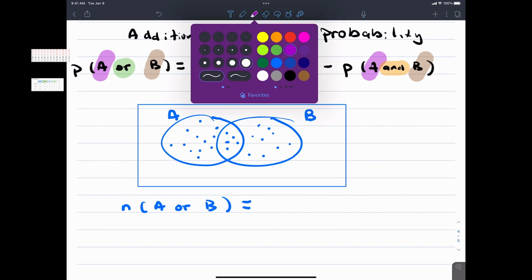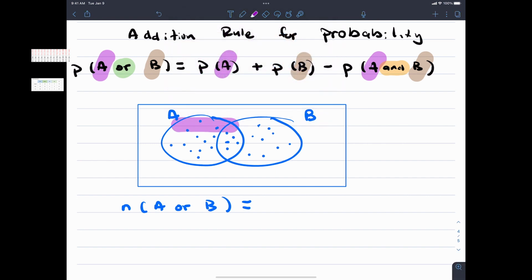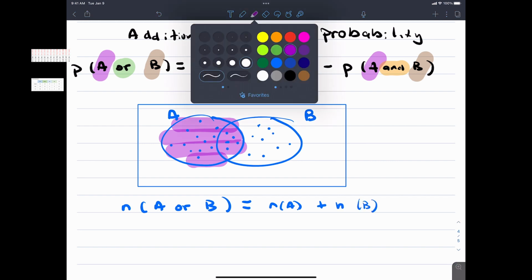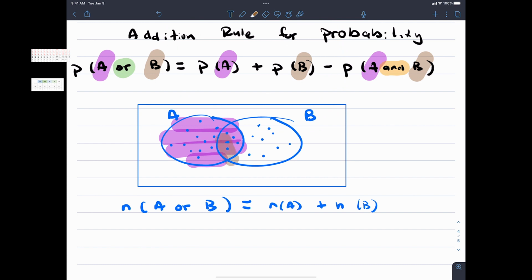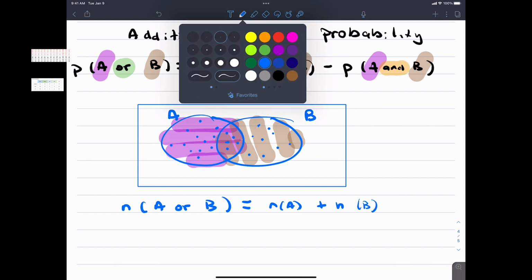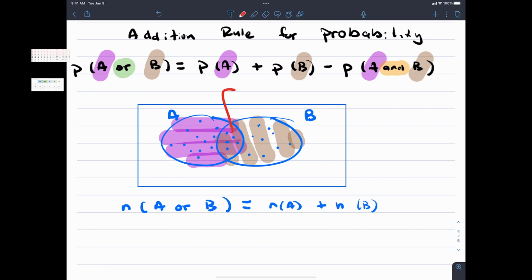Okay, here we go. We count everything in A. Everything's in A. So I'm going to take that N of A. I'm going to count everything in B now. Okay? So we count everything in B now. Anybody notice a problem? Yeah, the overlap is an issue. You say, what do you mean? This overlap was counted twice.